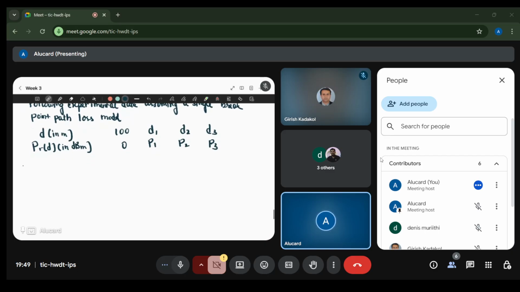So, what is the single breakpoint path loss model? In that model, what is the power received?